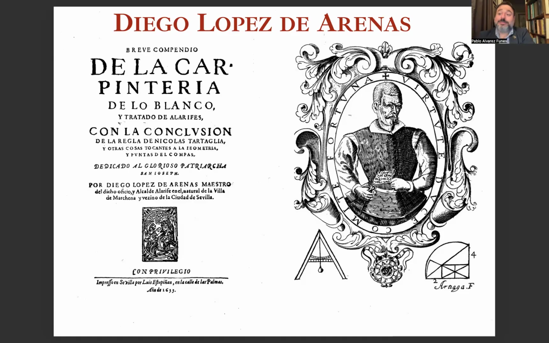Andrés de Vandelvira has a manuscript, again late 16th century, that is very similar to what Diego López de Arenas is writing. So it means that what Diego López de Arenas is writing here is something that everyone knew. And he's just writing it to have it in a text, and to spread the knowledge.